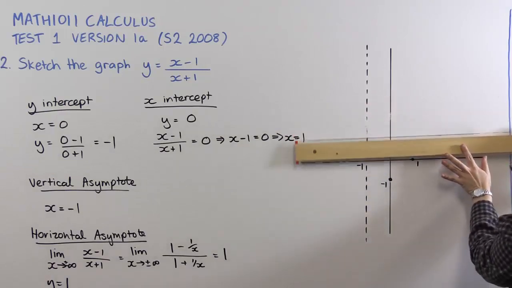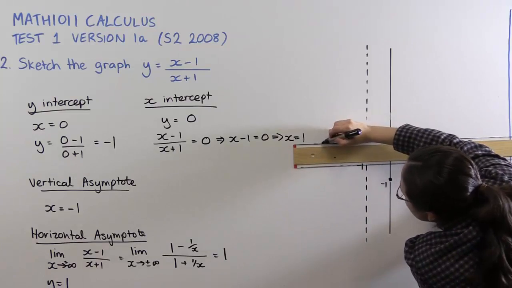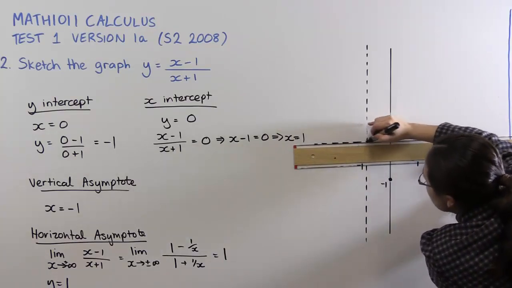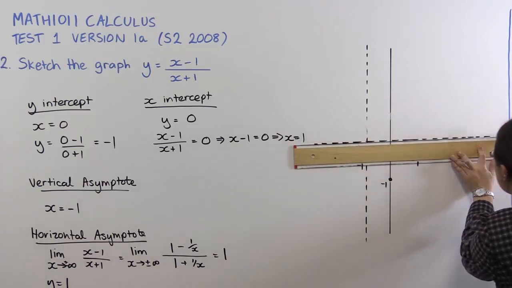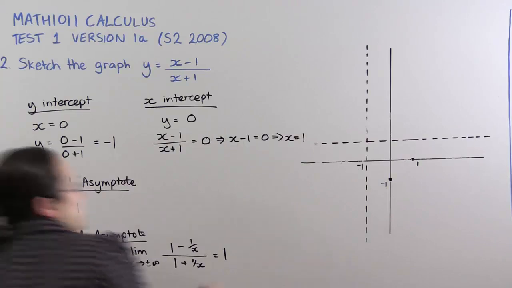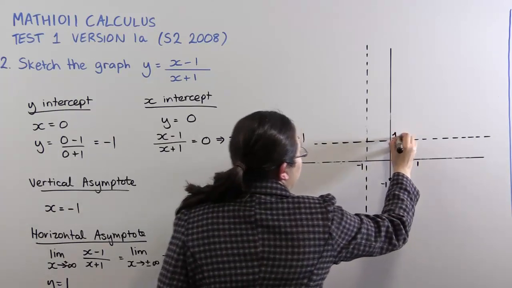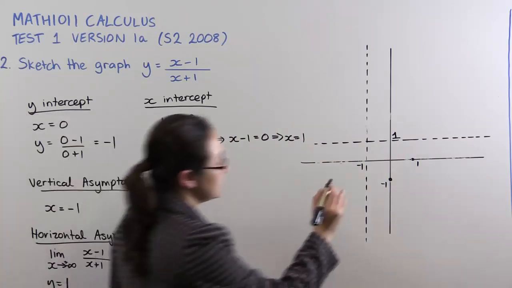this is quite tricky to draw. We have a horizontal asymptote at 1. Okay, so what's happening with this graph is it's a hyperbola.